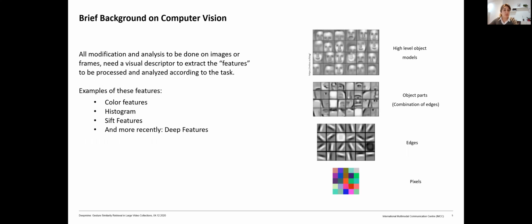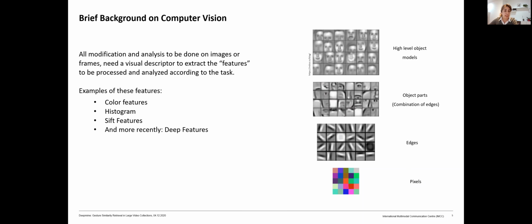To be able to process these images and videos, there needs to be a visual descriptor to extract features from these pixels. These features could be color features, histograms, SIFT features, and more recently there are deep features available out there.